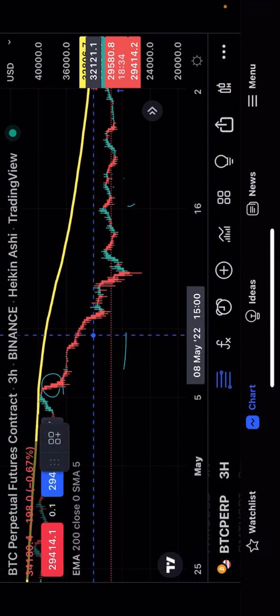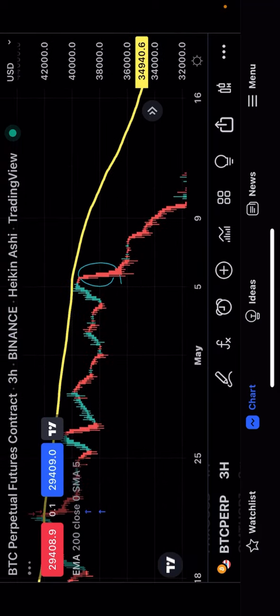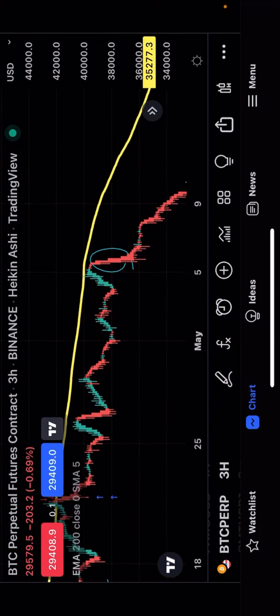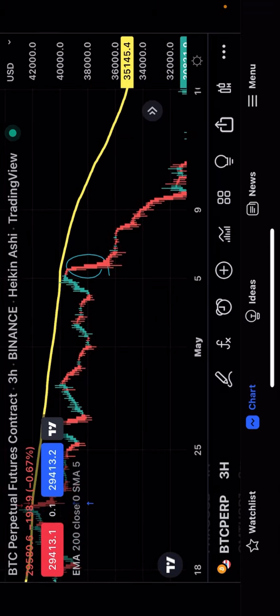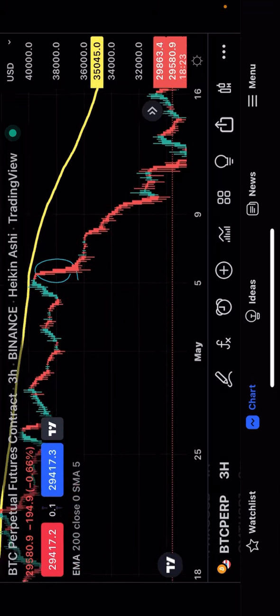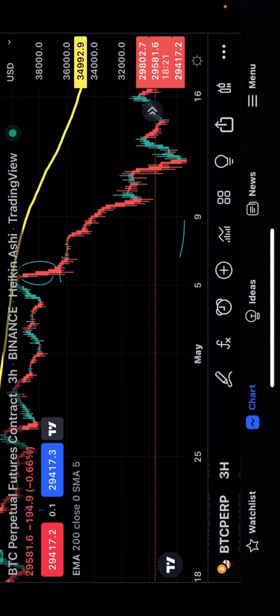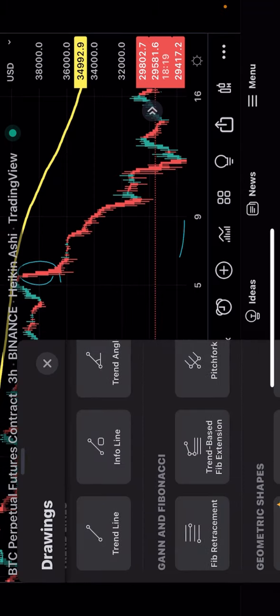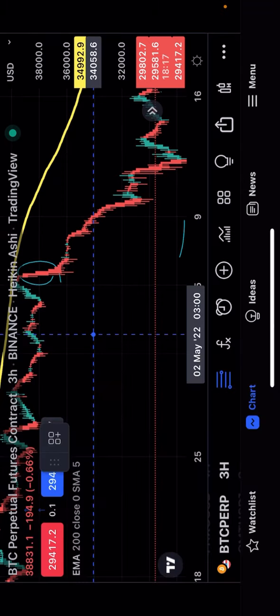So this is my Fibonacci retracement. Remember, you place from the highest high to the lowest low. So I'm starting from here. I am ending here. Yes, that is where I should do that. Fibonacci retracement.